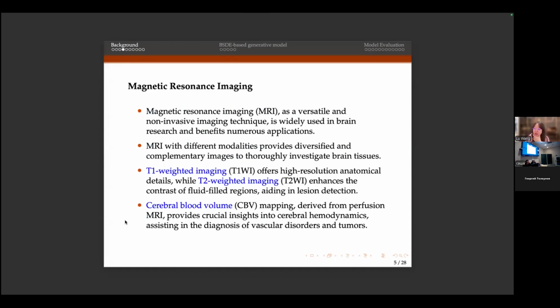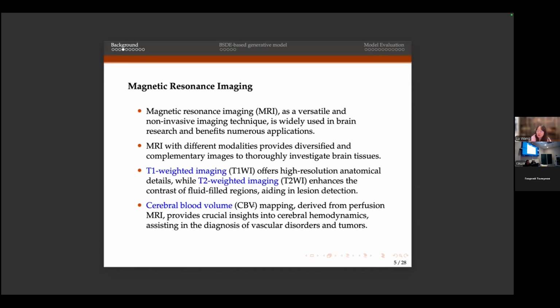As I just mentioned, in our work we will focus on MRI. We focus on this because it is widely used in brain research and benefits numerous applications. There are many different modalities in MRI, for example T1-weighted imaging, also T2-weighted, and also CBA.